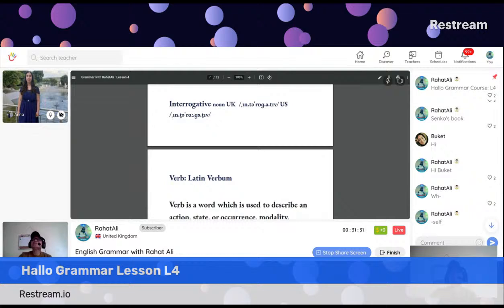So actually, if it is negative, then it is better to use "None of them have done the job." Yes, none. When you are going to make a positive sentence, possibly you can use each, like "Each of them has done," or all the people. You can use all as well: "All of them have done it." Or all people, all students, all teachers, etc.